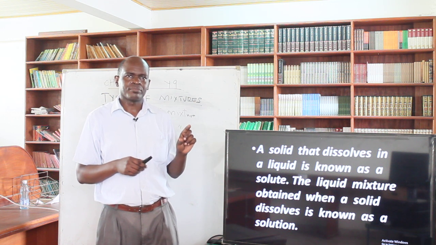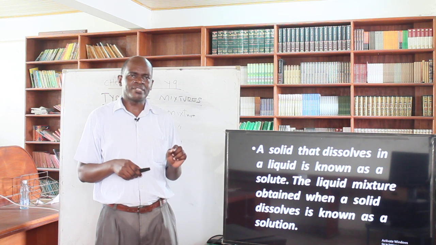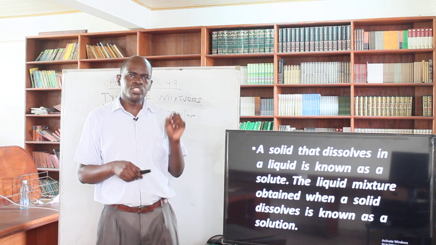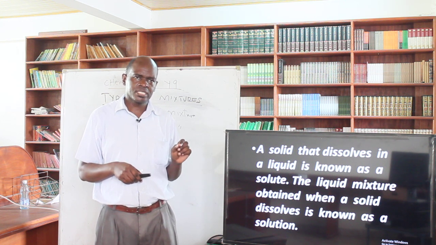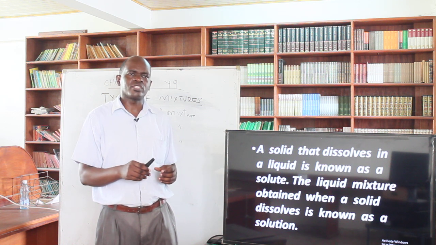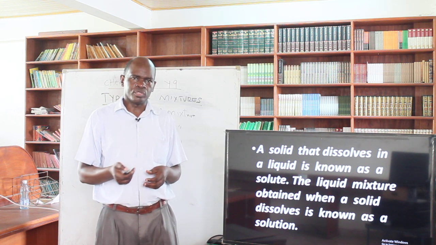If you take sugar into water, then stir, you discover that the sugar dissolves in the water. So that sugar crystal dissolving is known as a solute. Then the liquid that results after the sugar has dissolved is the one we are referring to as the solution.